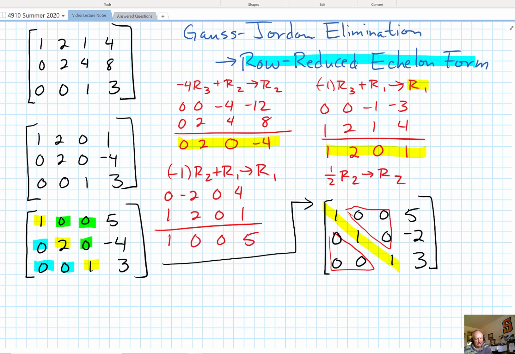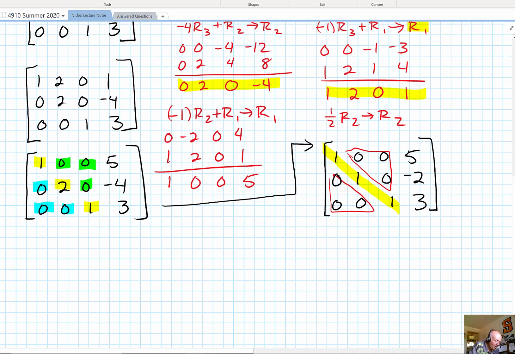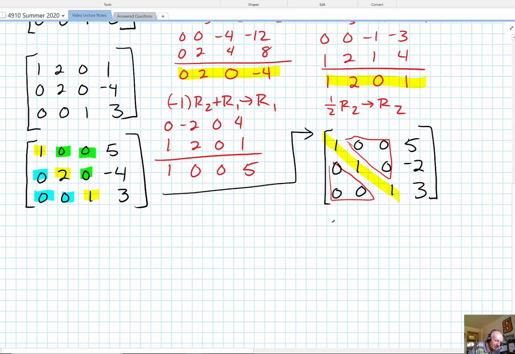Now, that's one thing about row reduced echelon form. The other thing about row reduced echelon form is if it's a system that we're talking about, right? If this matrix comes from a system, because it's entirely possible that we just take a matrix that has nothing to do with the system and put it in row reduced echelon form. But if it comes from a system, then I want you to just notice, once it's in row reduced echelon form, once we transform back into a system, look what we've got.